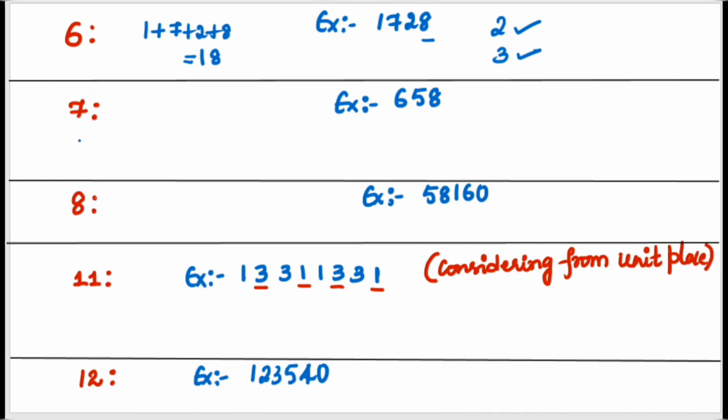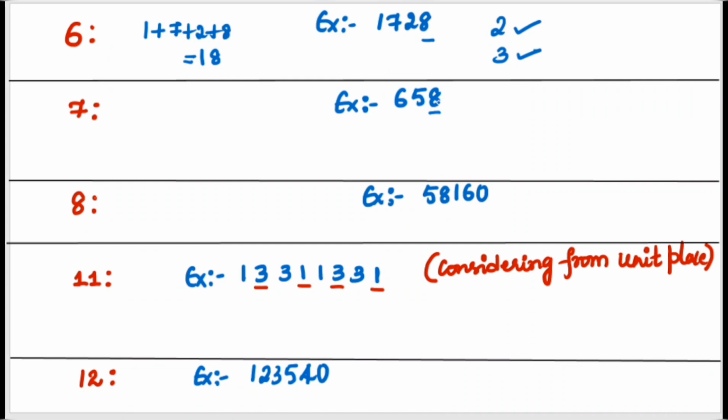Now, what is the divisibility test for 7? It can be explained with an example. I have taken the example 658. The unit place digit must be multiplied by 2, and the result is subtracted from the remaining number, 65. The answer should be divisible by 7, and then the number is completely divisible by 7.